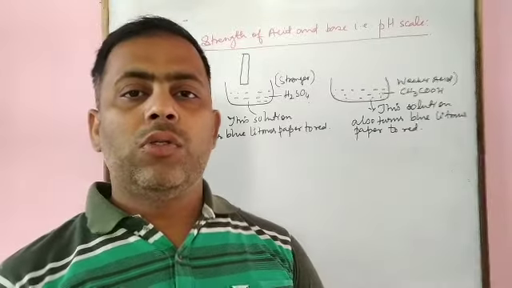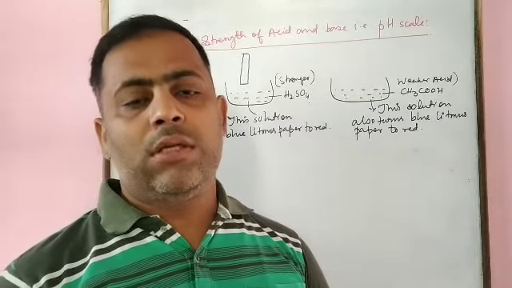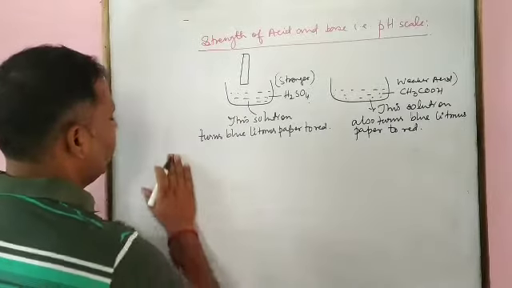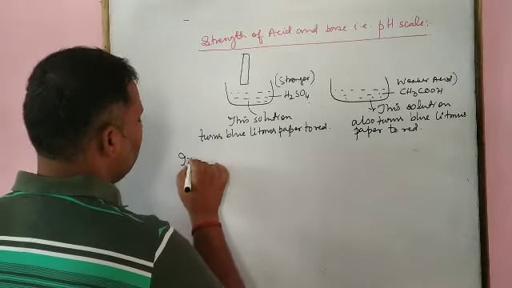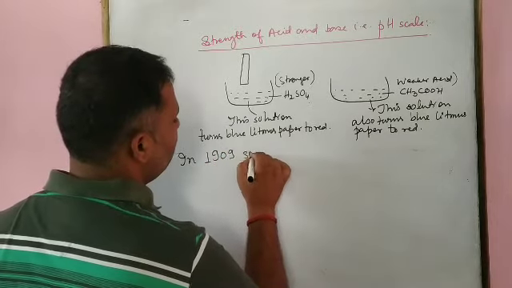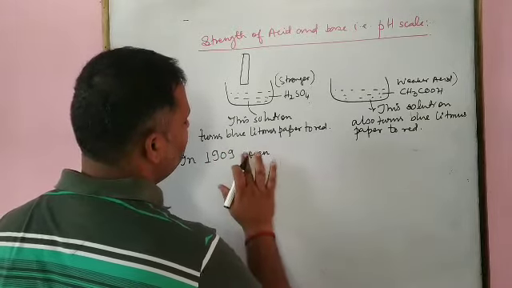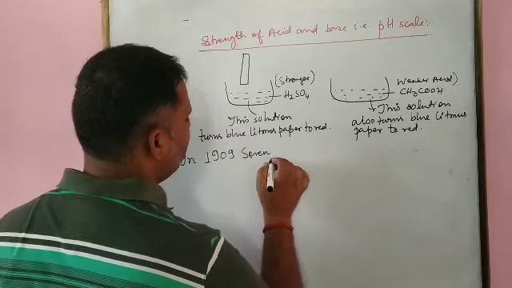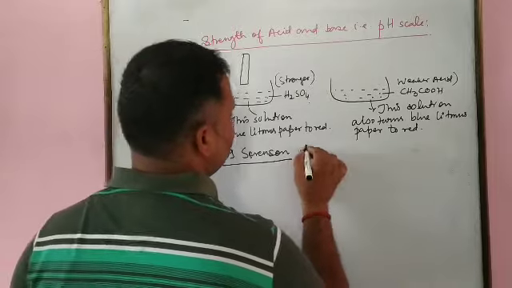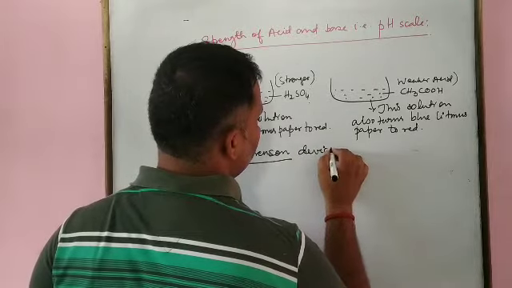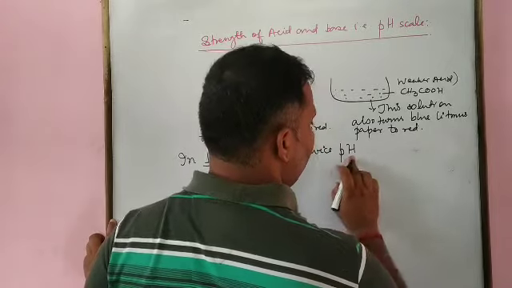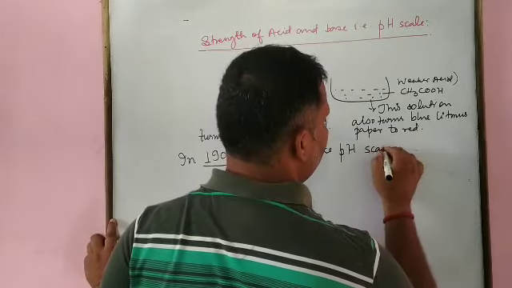In order to distinguish these two acids, in 1909, Sorensen devised the pH scale. Small p, capital H scale.